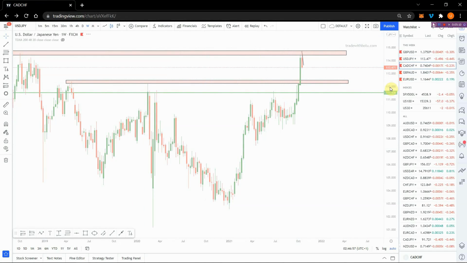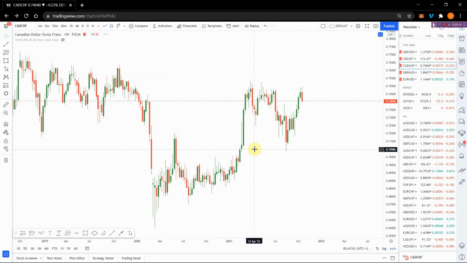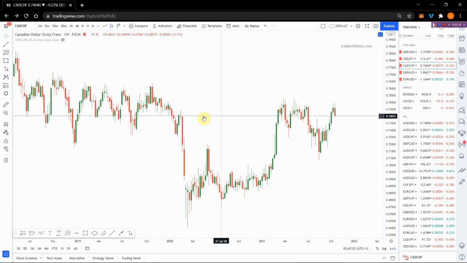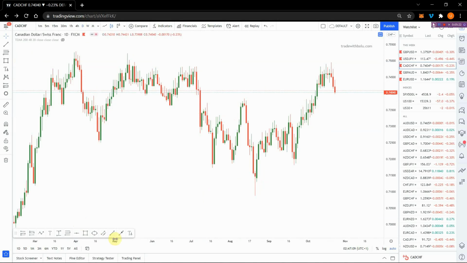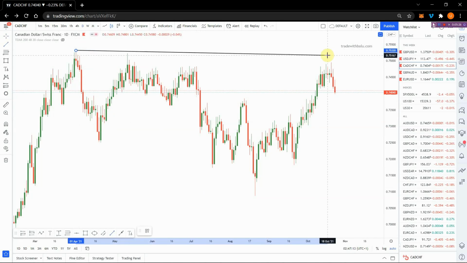Let's see the CHF. Yes, see CHF. Let's go down. Yes, so from here quickly, it's this trend line that's my point of interest.